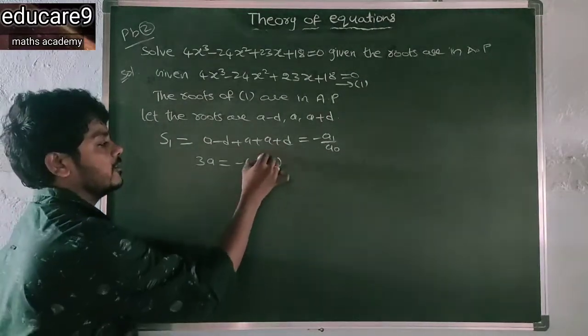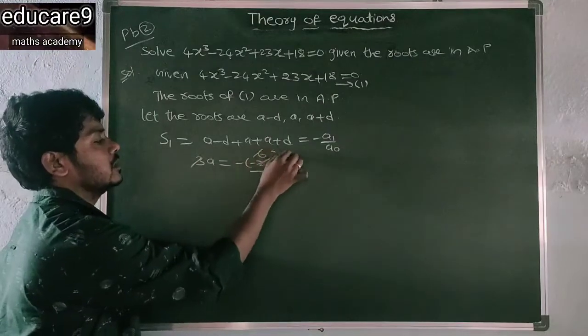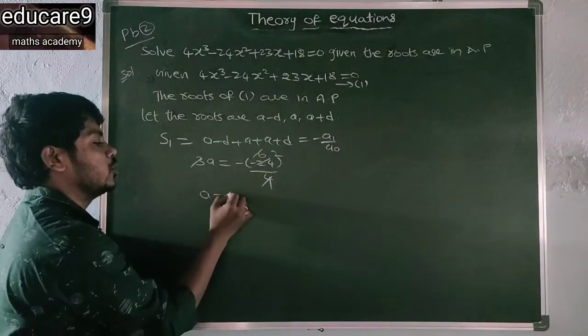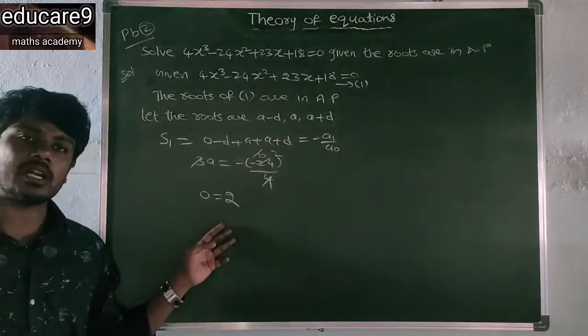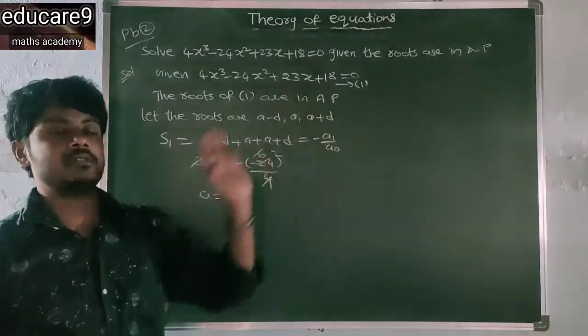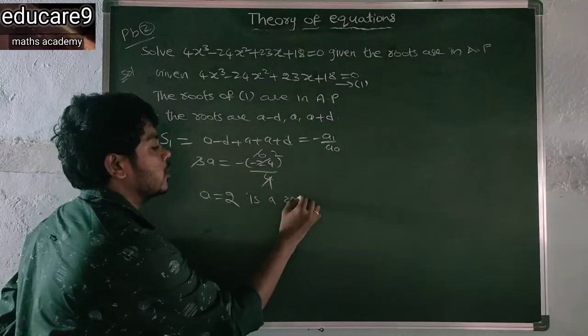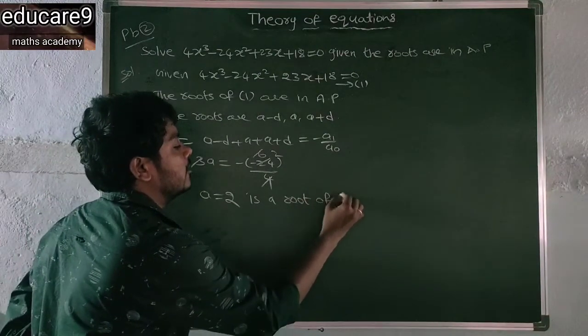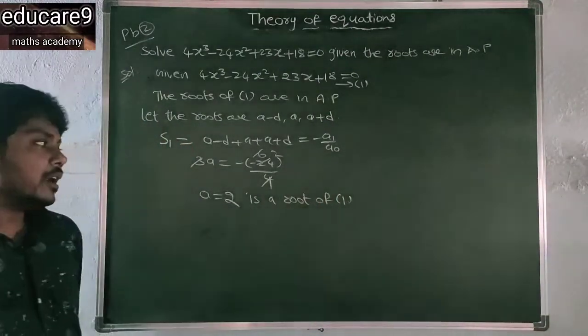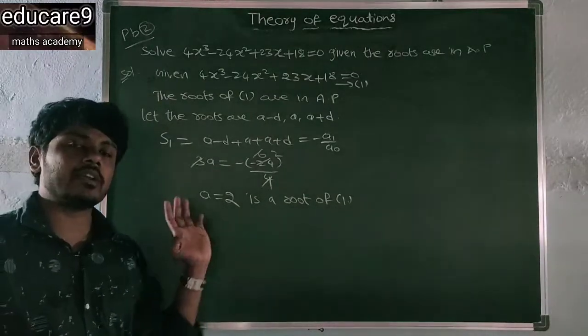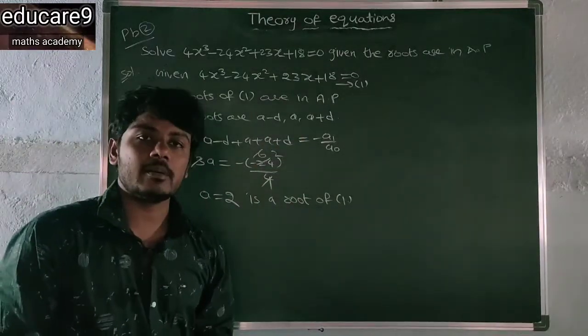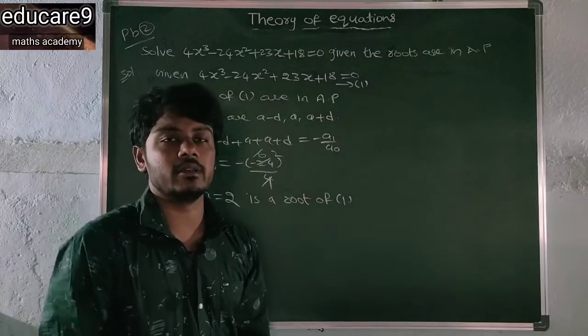So 4 sixes are 24, 3 times... so a is 2. But a is a root of equation 1. So a equal to 2 is a root of 1. Now using this root you can find the remaining roots by the synthetic division method.